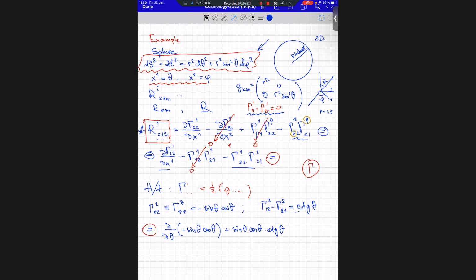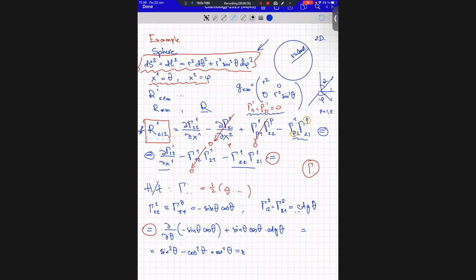What we will obtain from the first summand will be sine squared theta minus cosine squared theta. And here we will have plus cosine squared theta.